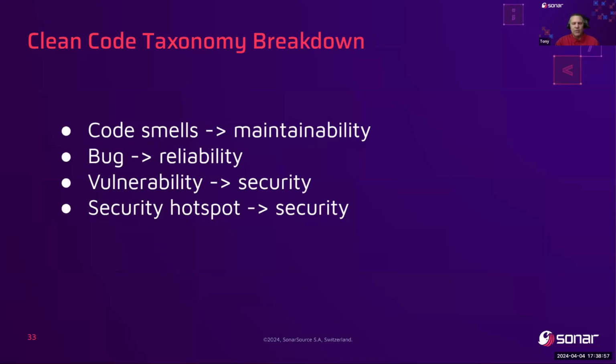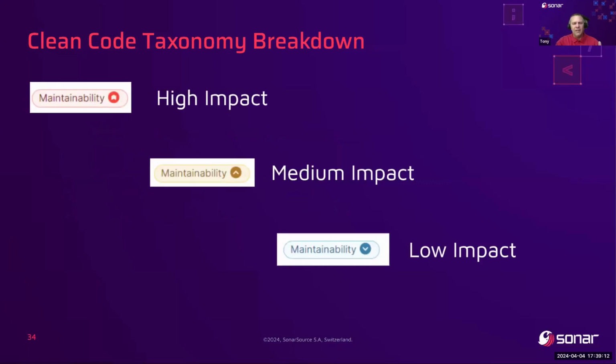You'll still be able to open those security hotspots in connected mode in SonarLint, if you're using connected mode in SonarLint. But this starts to show what you were seeing in issues and what you will be seeing. You were probably used to seeing blockers, high, critical. We now have different impact levels.